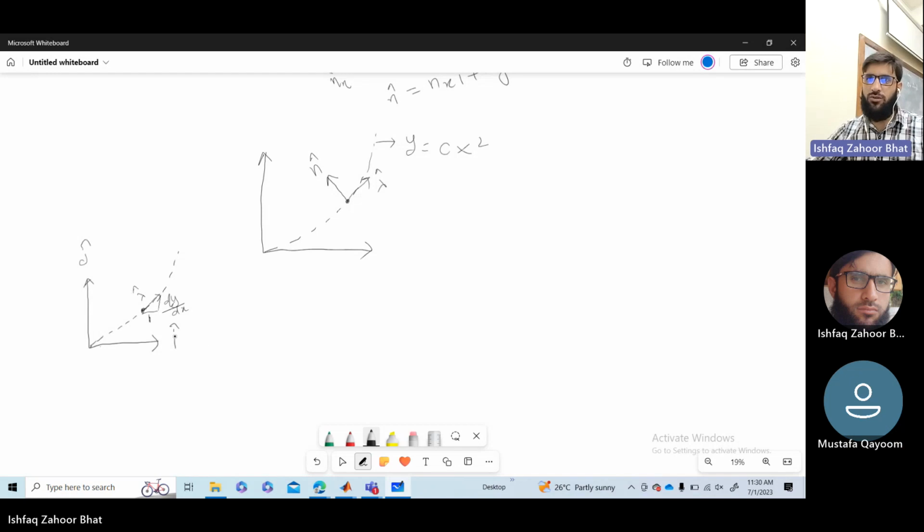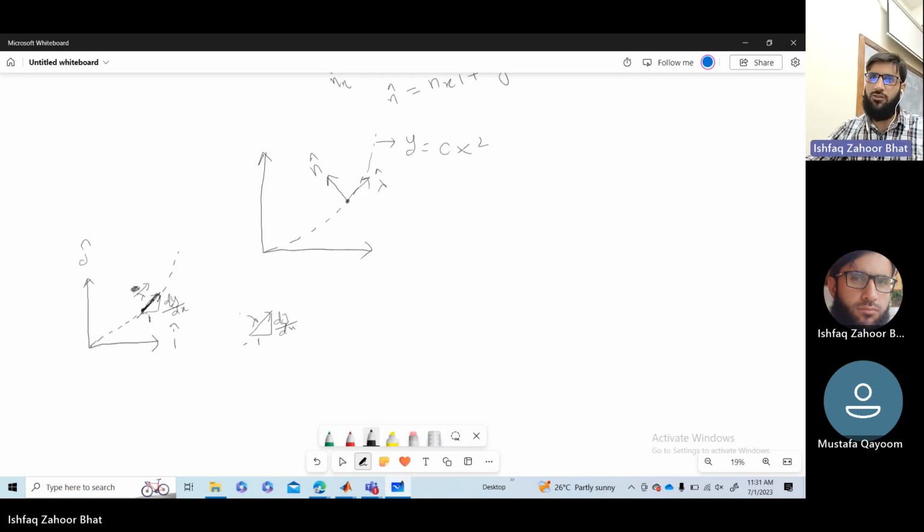Okay, but we don't know if this is a unit vector or not. This cannot be a unit vector. So let us in general call it the lambda vector. This is 1 and this is dy by dx, and we are joining this.